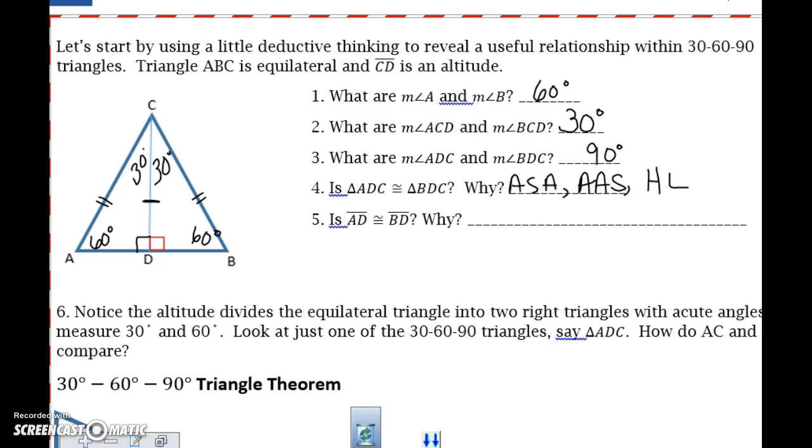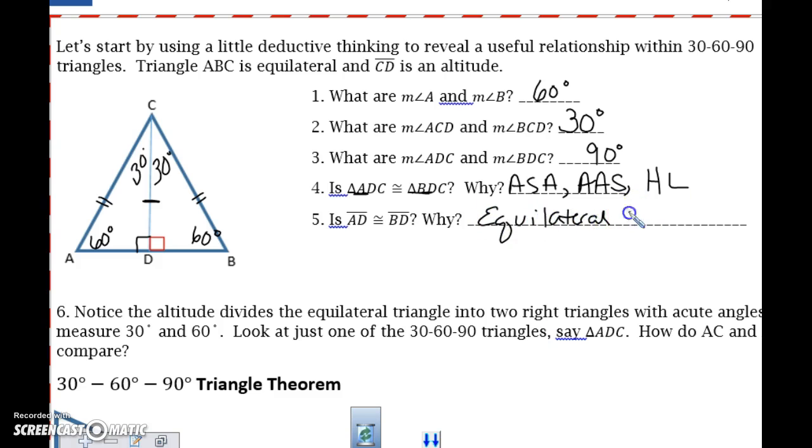Why is it that AD, down here at the bottom, and BD are congruent to each other? Well, they do share the same vertex. Give me more. Let me underline. The line splits the two. I forget what it's called.